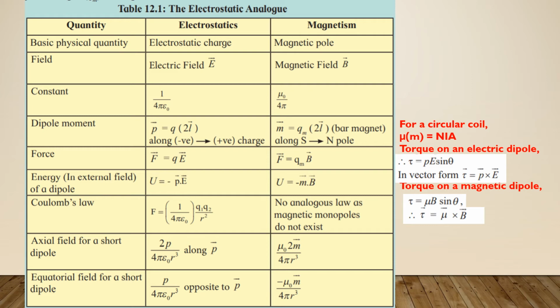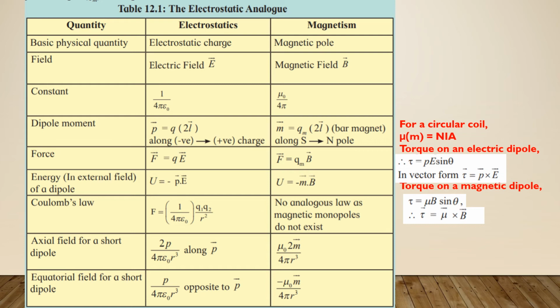Whereas in magnetism, the magnetic dipole moment is given by m bar is equal to pole strength into the distance between the two poles. Here, its direction is from south pole to north pole.